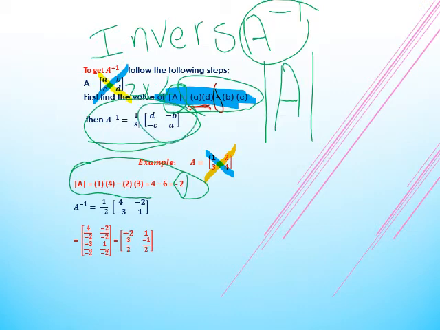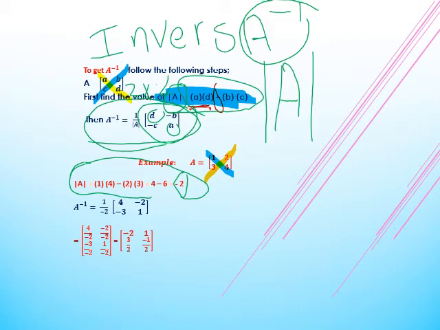Note that we change the location of A and D, but do not change the signs. Okay, and in the other diagonal, B and C, we keep the location as it is and only change the sign for B and C.